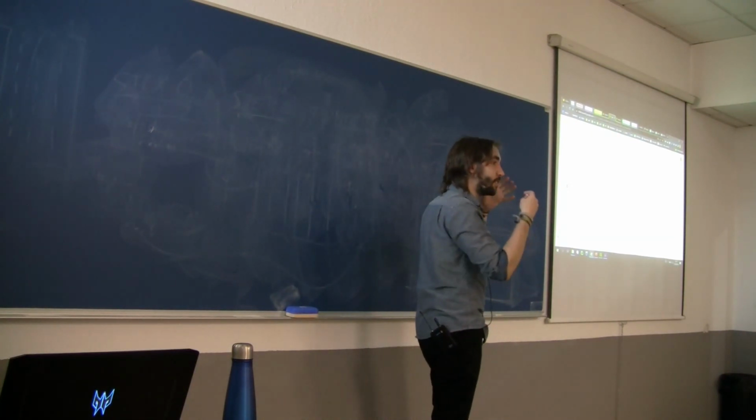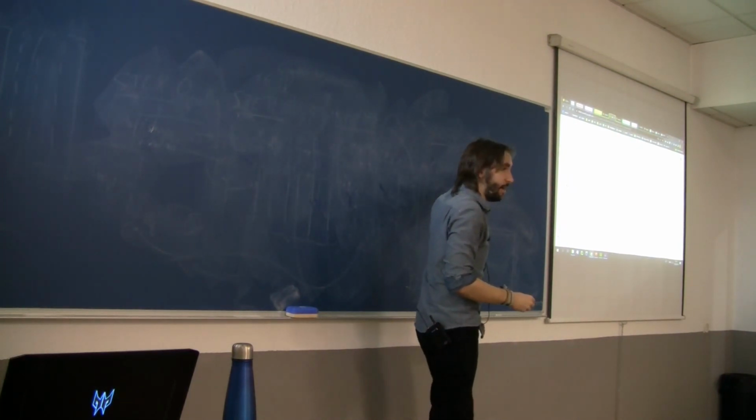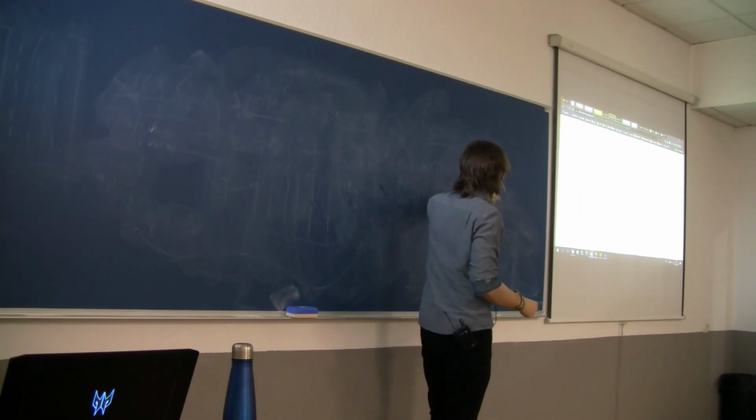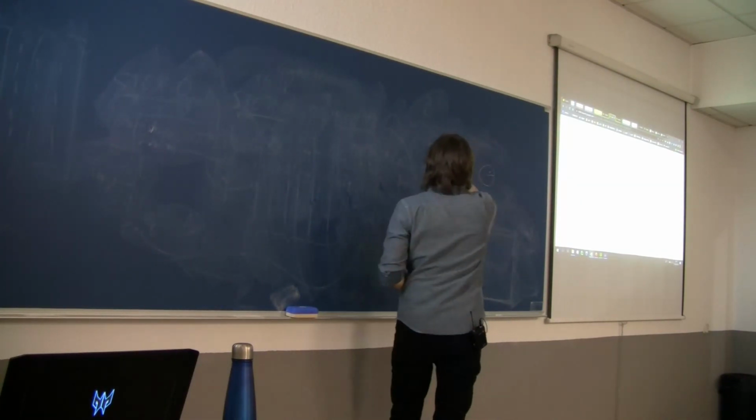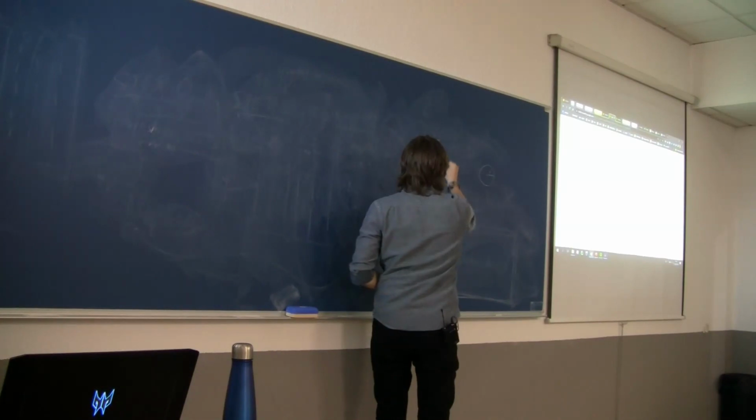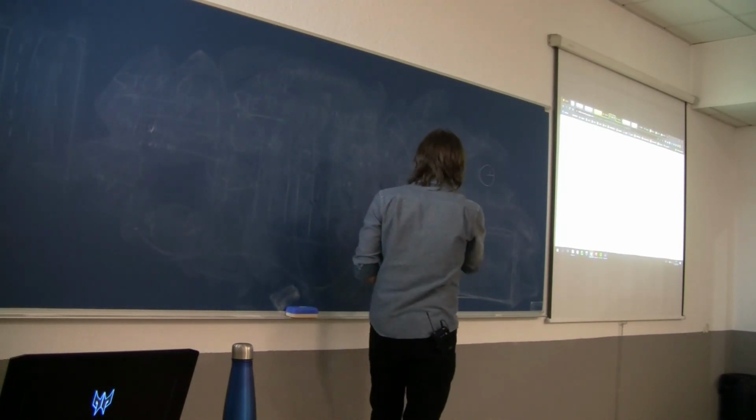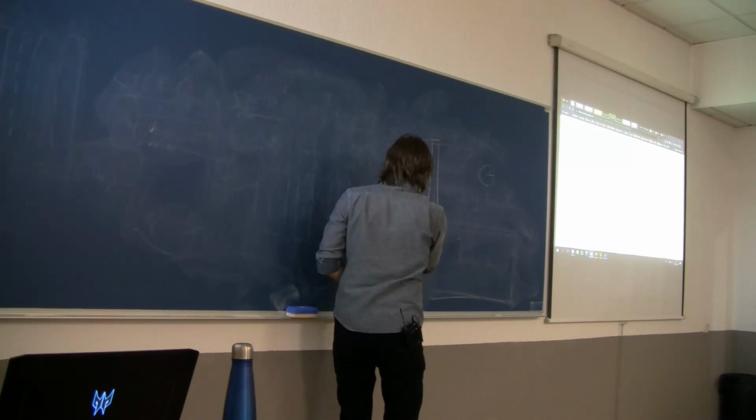So buffering something means creating area. Okay, if I buffer a point, it will create a circle. If I buffer a line, it will create a rectangle. If I buffer a polygon, then it will grow.